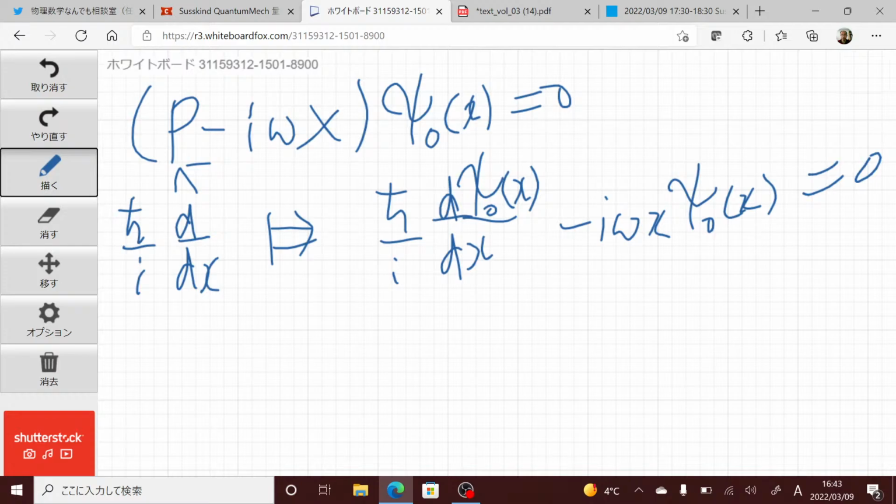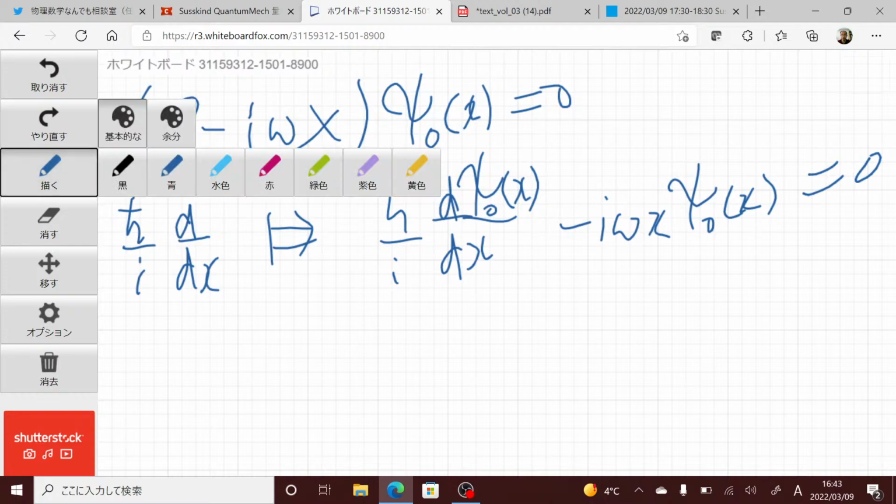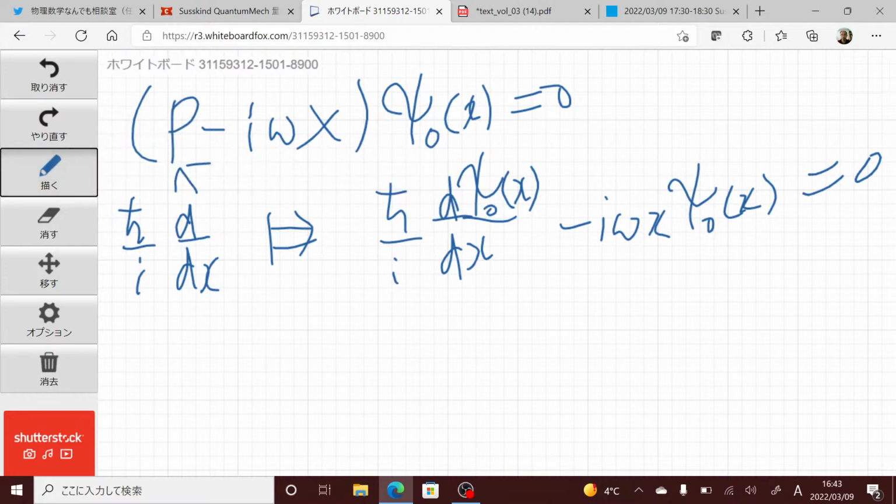I think it's okay. Then what we find here is that this one and this one are the same, so I can erase.